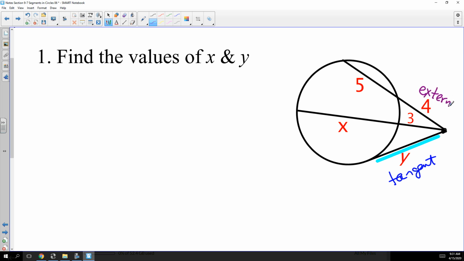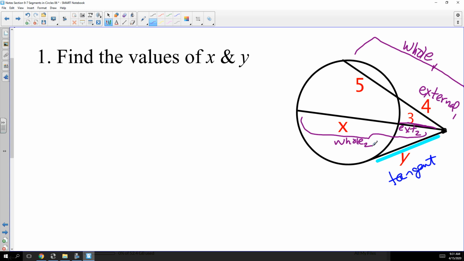Let's say it's external 1, and let's say this is external 2. The 3 is that external 2 right there. Okay, and so then we have this whole entire piece, whole, and we'll give that a subscript of 1, and we could say this whole entire piece would be whole secant subscript of 2, right?